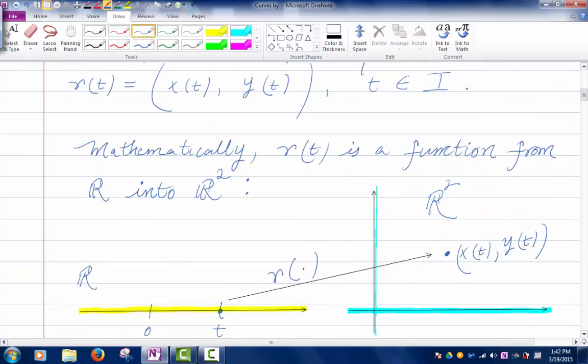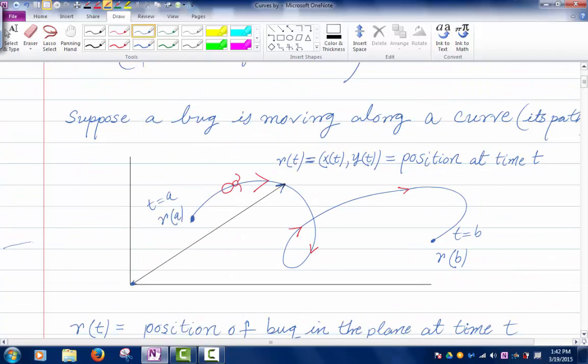So in my picture I used some arrows here, right? By using the arrows, I'm telling you the bug is moving toward the right, and then it's making a loop here, and then it keeps going to the right and ends up at the point R of b. Okay, so that description is telling you what's the orientation of the curve. Again, the orientation means how the bug is tracing the curve.